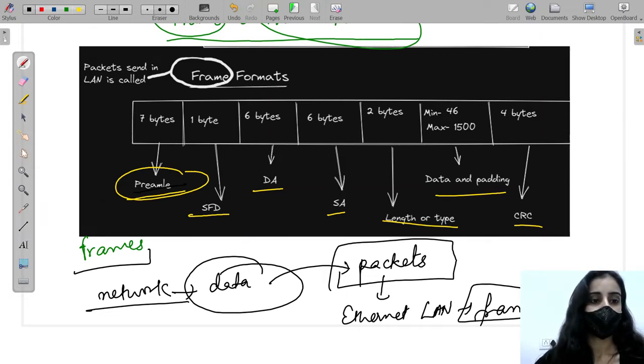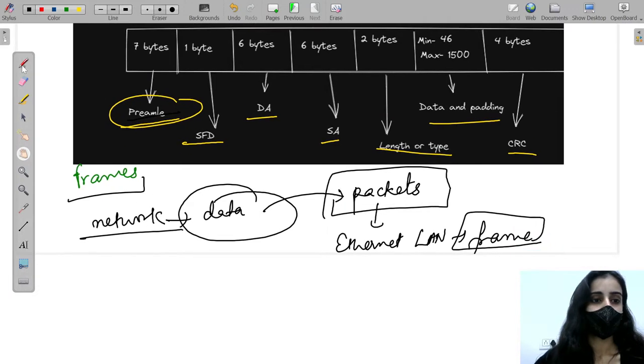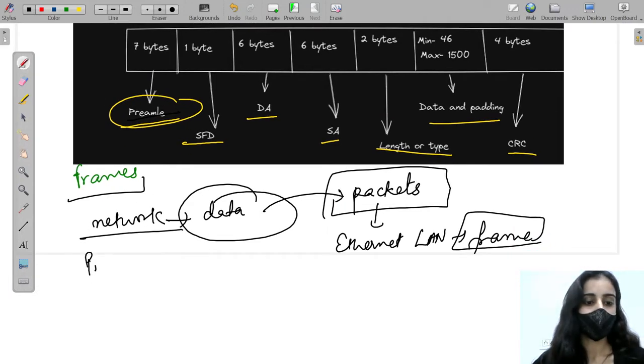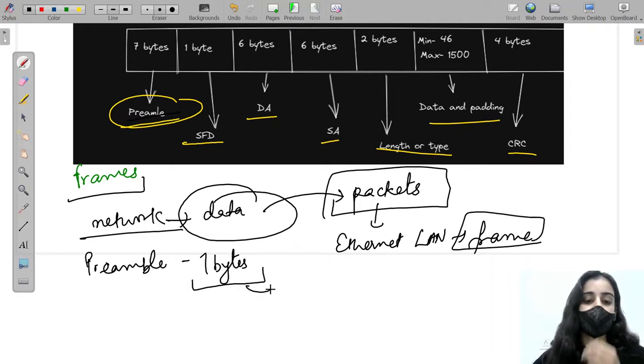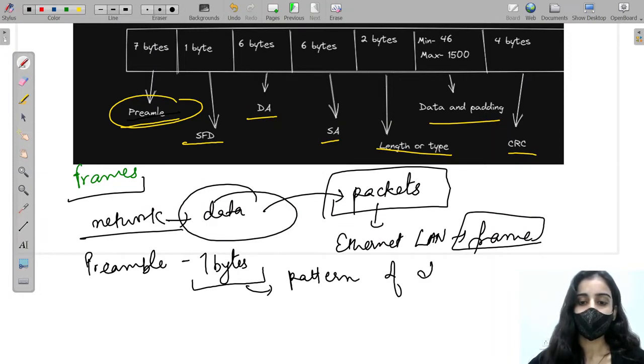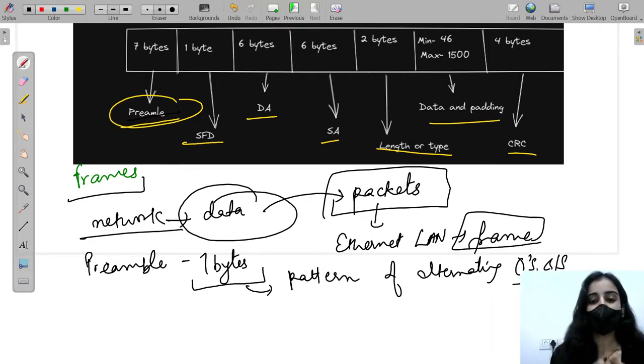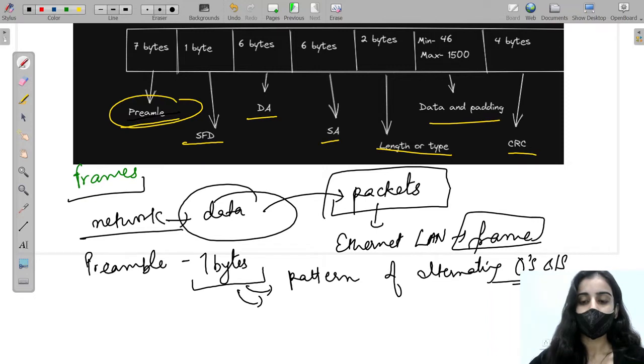Preamble is of 7 bytes, and it is a pattern of alternating zeros and ones. The patterns that it creates using zeros and ones form an alert system.